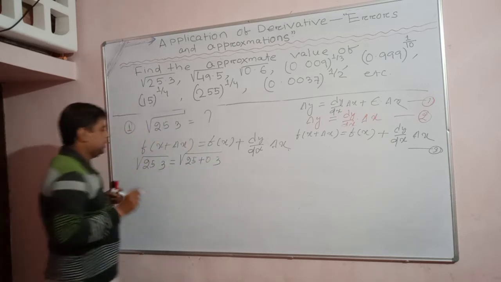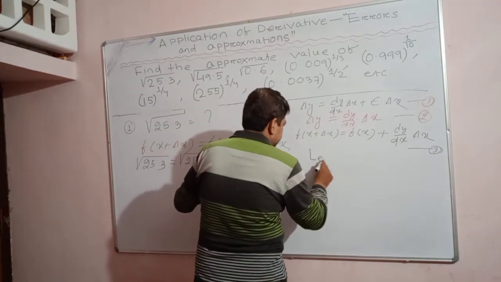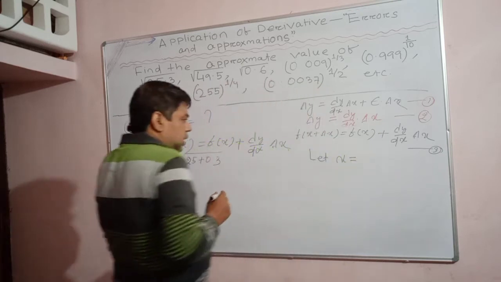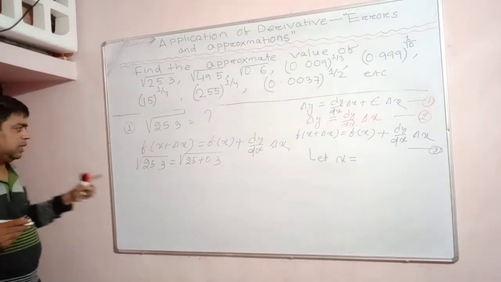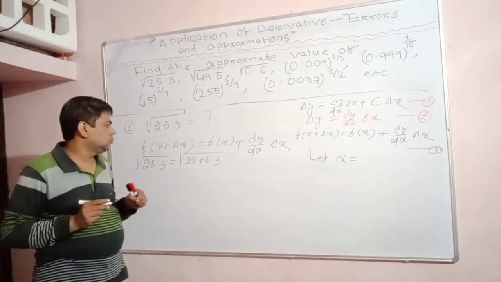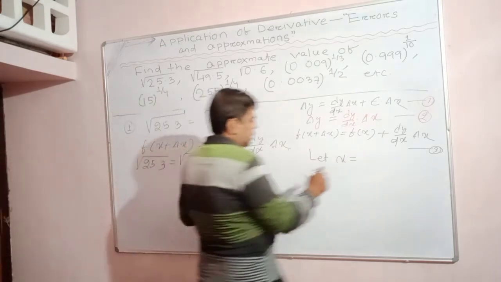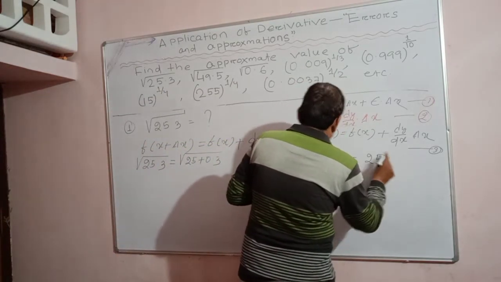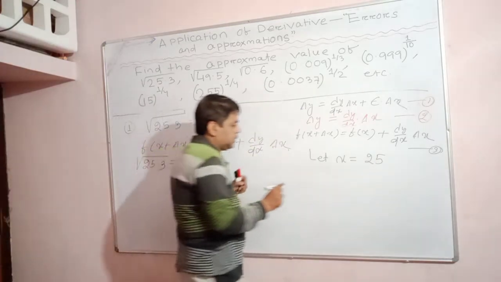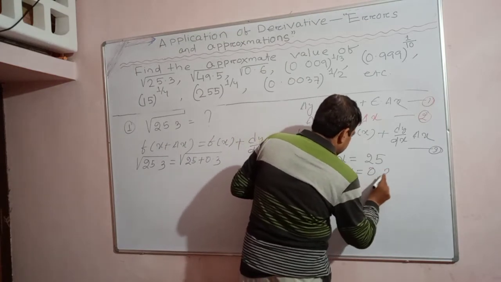So let x is equal to 25, the integral part, and the decimal part you take as del x, so del x is 0.3.